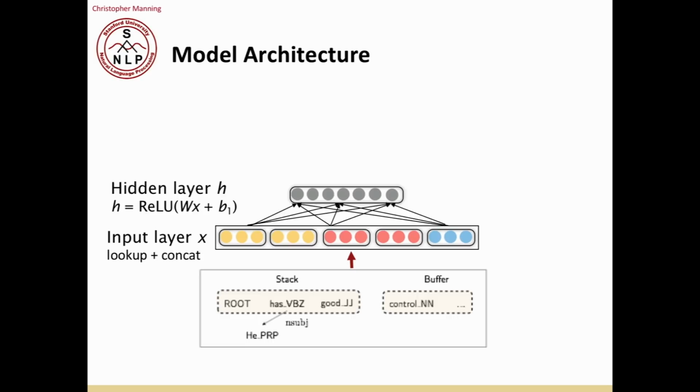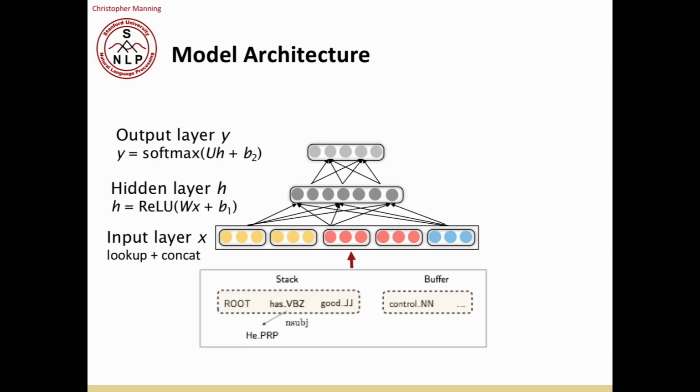And then on top of that, we're simply going to stick a softmax output layer. So we're multiplying by another matrix, adding another bias term, and then that goes into the softmax, which is going to give a probability over our actions as to whether to shift, left arc or right arc, or the corresponding one with labels.